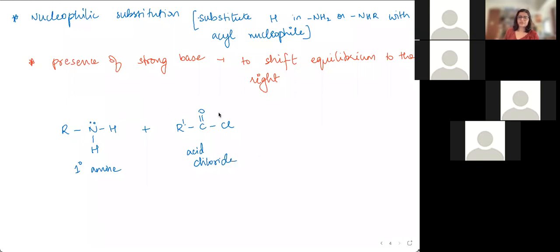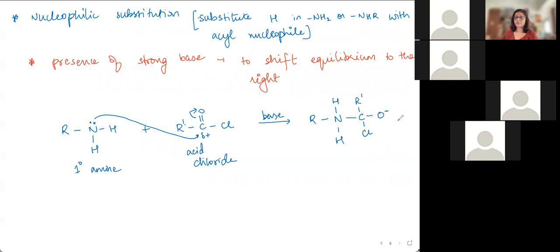As always, there's going to be a delta positive charge on carbon. Oxygen keeps pulling on the electrons. So the lone pair of electrons on nitrogen attacks the positively charged carbon. In the presence of a base, you get R, N, with the two hydrogens attached, a bond formed with this carbon, R dash, Cl, and O minus, because this pair of electrons has gone over here.